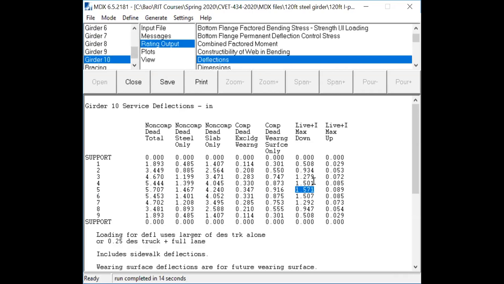Okay, so all less than 1.8 means that the service limit is good, and we don't need to change the depth of the girder. Now we find the strength good and service good, so this design is sound. I think our design is good.